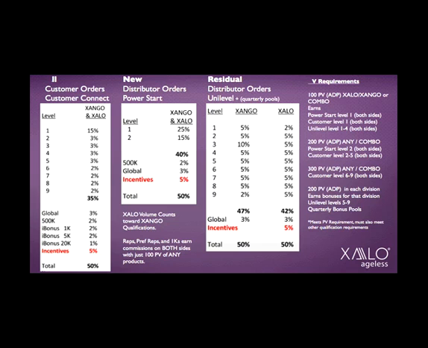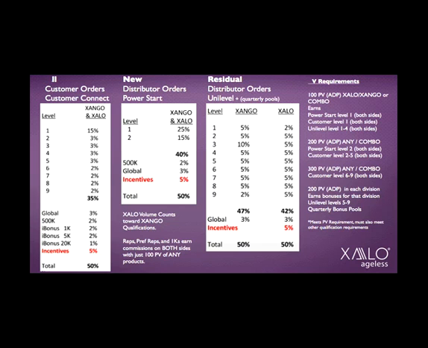Now, if they're buying XANGO product, the same people, the same levels, any XANGO product purchased by your 1st level distributors, you're going to get 5% on, and your 2nd level, and 10% on your 3rd, 5% on the 4th, 5th, 6th, 7th, and 8th, and 2% on the 9th. So depending on what products, this will depend on what the percentages are on those particular orders.